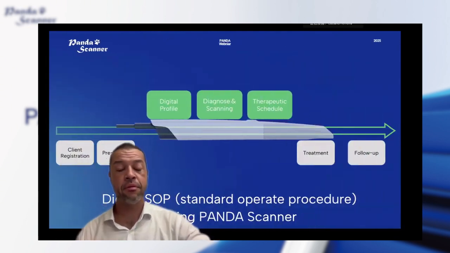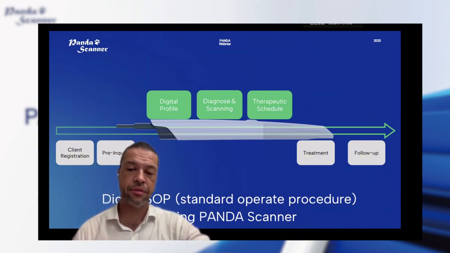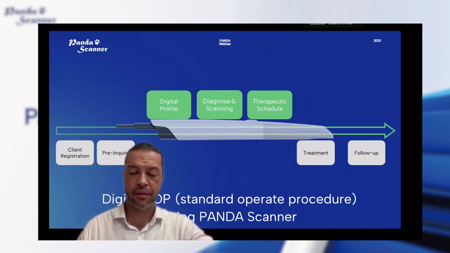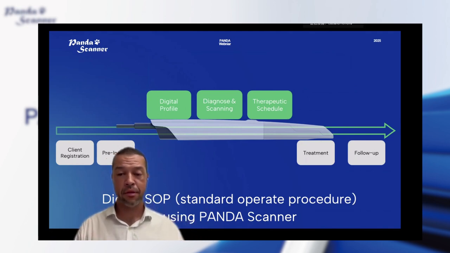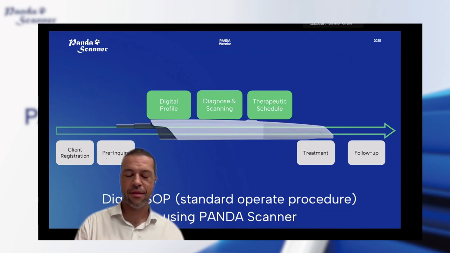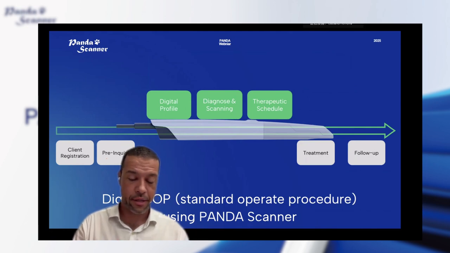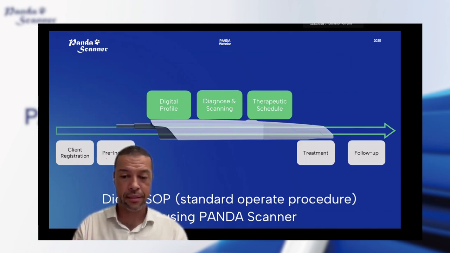So how can the Panda scanner help us in this transformation? From my point of view, every dentist around the world needs to use an intraoral scanner in the first appointment, because it's time to create connection with the patient. You need to show our patient how you can help him or her during the treatment.